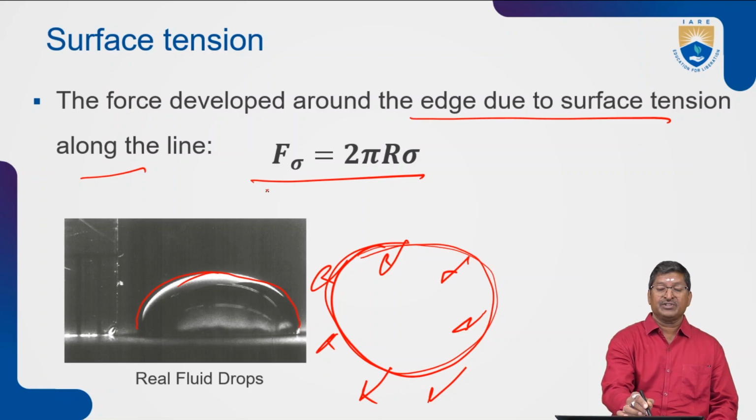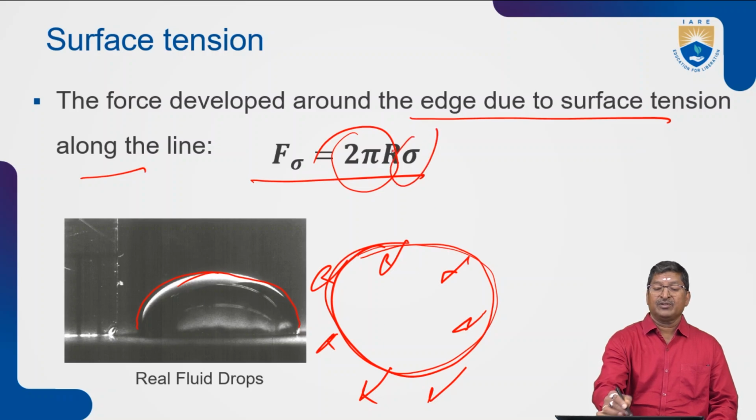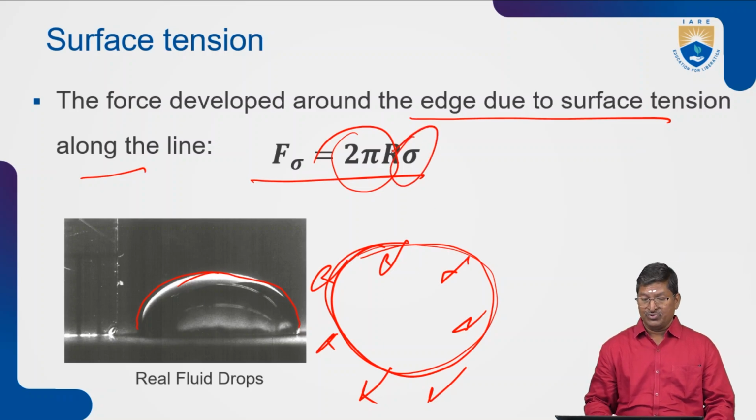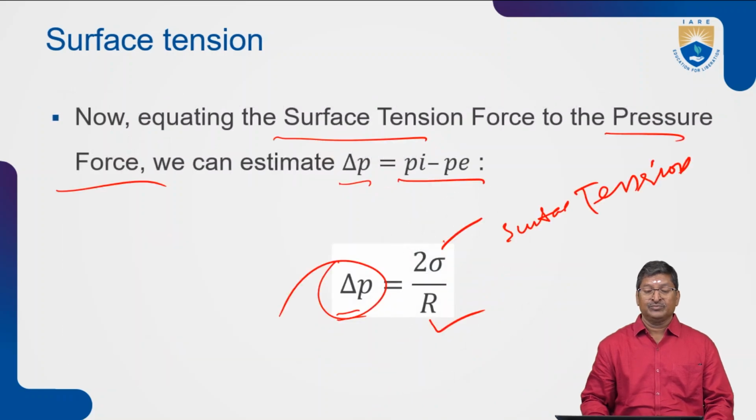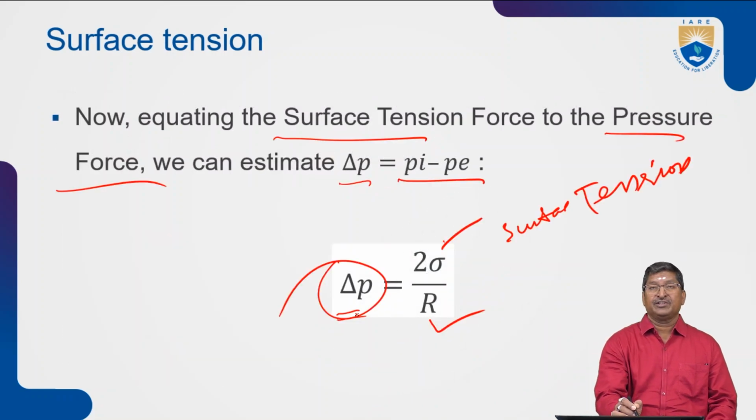So this is the surface tension force. 2 pi r is the perimeter of that, and sigma is the surface tension. Then you can get the difference.